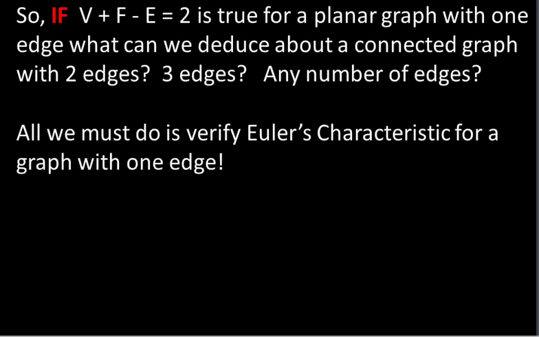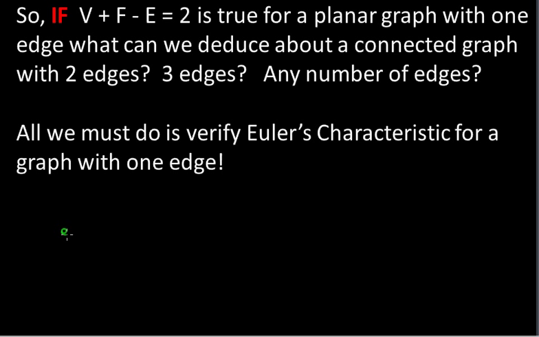But then so does one with 3. And so does one with 4. And in fact we could keep going forever by adding one edge. And so a planar graph with any number of edges will satisfy Euler's characteristic. All we have to do is verify that when there is one edge, it does satisfy the characteristic.